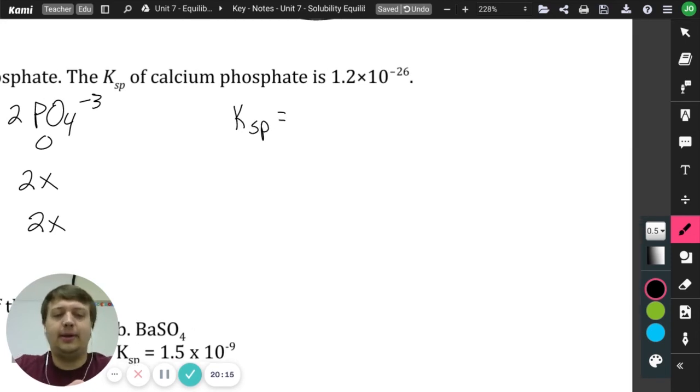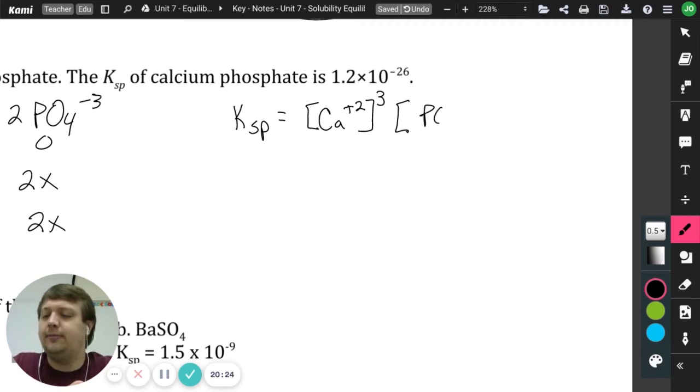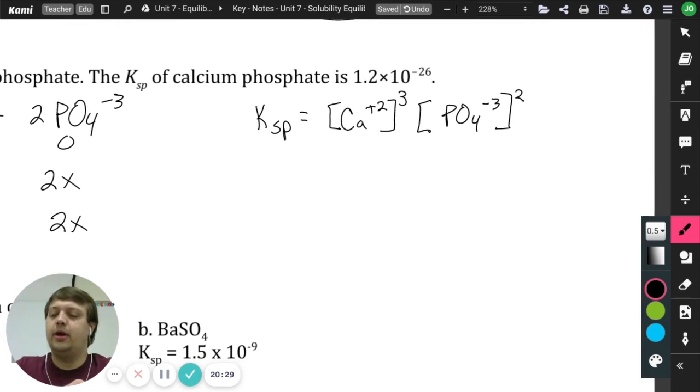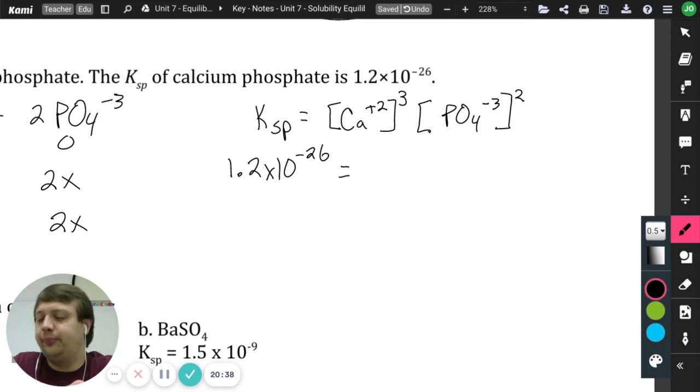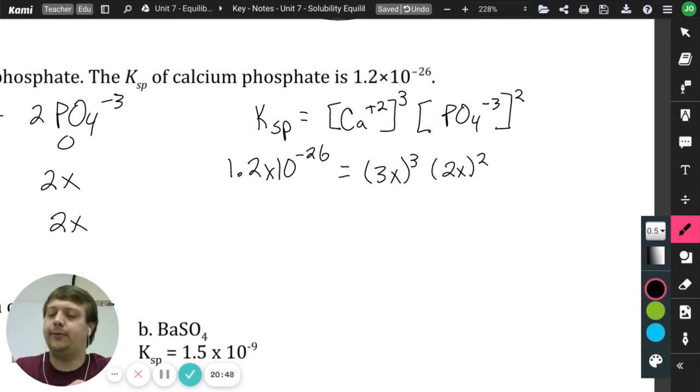So KSP is the concentration of calcium raised to the 3rd power times the concentration of phosphate raised to the 2nd power. And then we were told that KSP is 1.2 times 10 to the negative 26, and that equals calcium, which was 3x cubed, and phosphate, which was 2x squared.